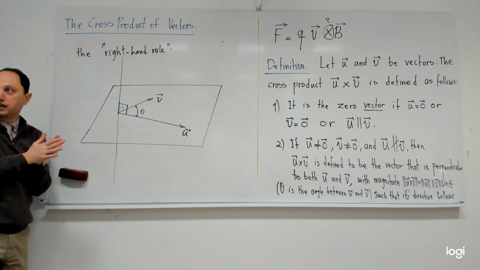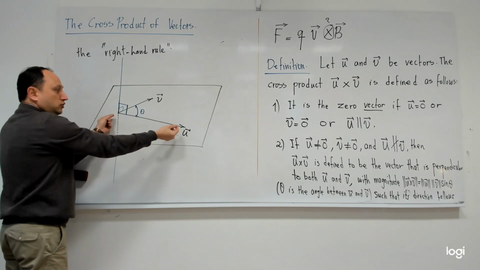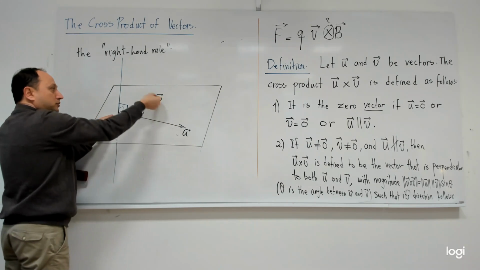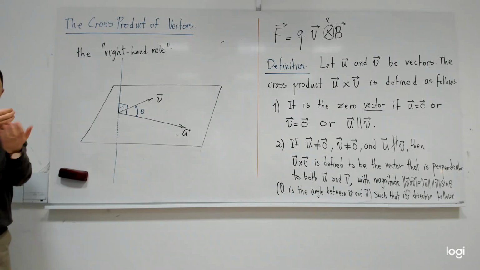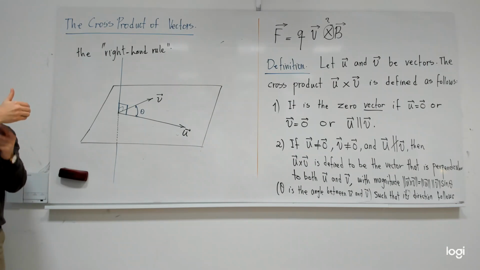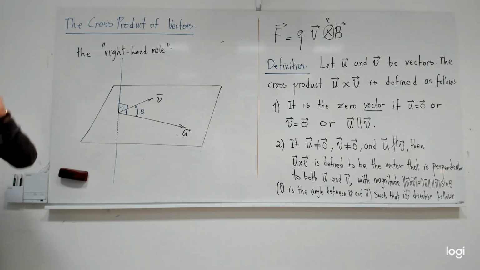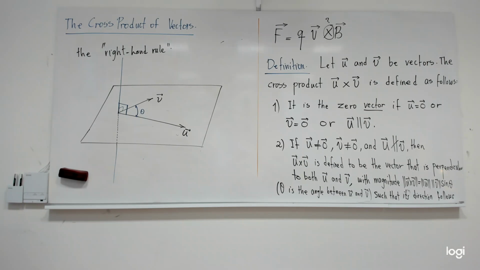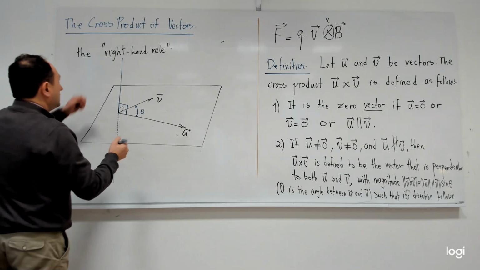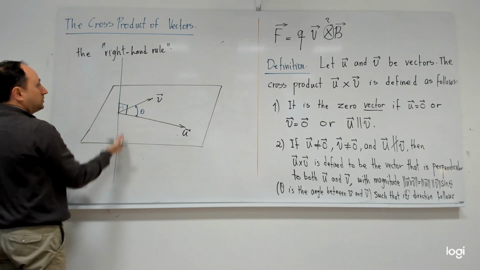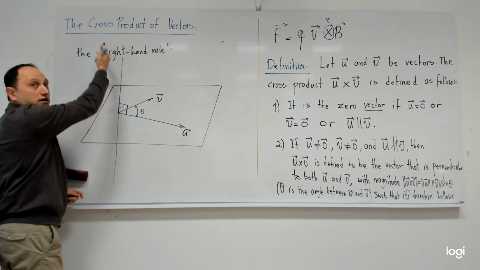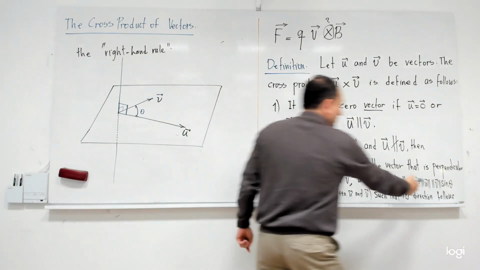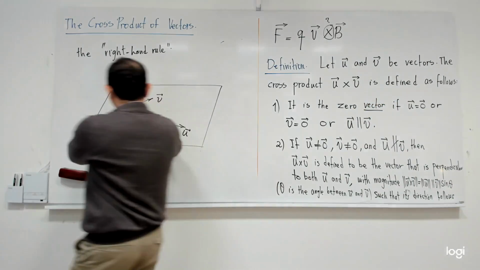That is not what I mean. You have to rotate u through the angle between the two vectors and put it on v. So you need to bend your fingers in that direction. Then your thumb will point in the direction of the cross product of u by v. So that would be in this direction. In this setup, u cross v is in the upwards direction. How much? Up this number, for example. So this becomes something like that.